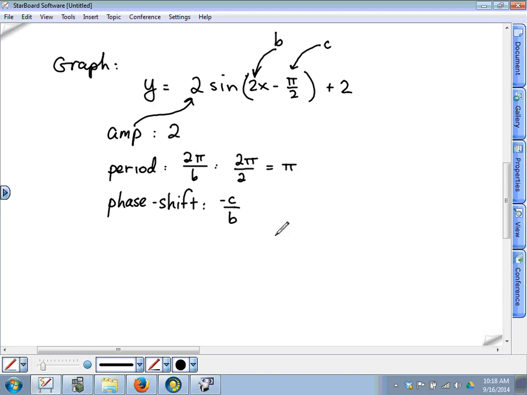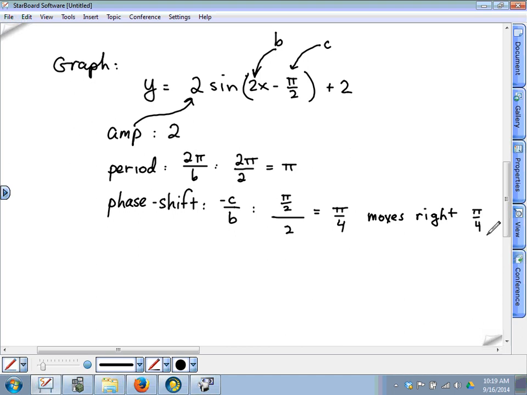So if we use the formula, what's the opposite of C? Positive pi halves. And then we're going to divide that by 2. Dividing by 2 is the same as timesing by 1/2, so this would be pi over 4. Now what you need to realize is this moves the graph to the right how far? Pi fourths of a unit.